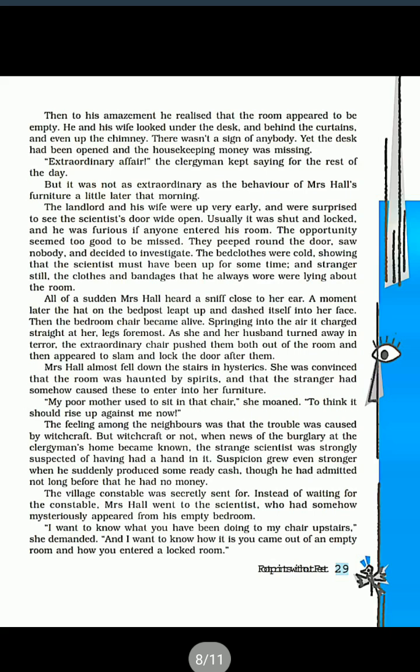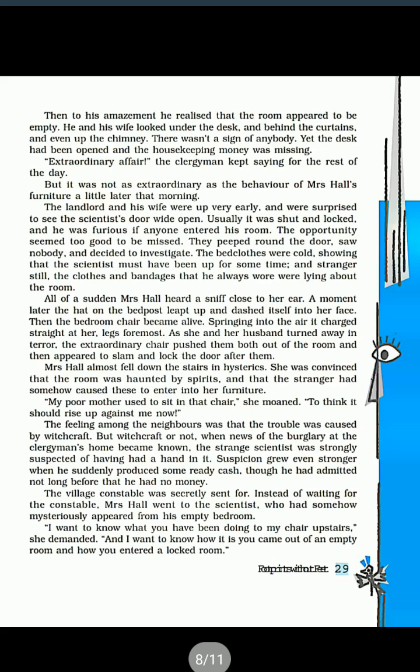So a hat leapt up and dashed itself into her face. Then the chair became alive. They turned away in fear. Then the chair pushed them both out of the room. Then the door was slammed and locked after them. Mrs. Hall almost fell down the stairs. They thought that the trouble was caused by witchcraft. Means they thought that the trouble was caused by black magic.